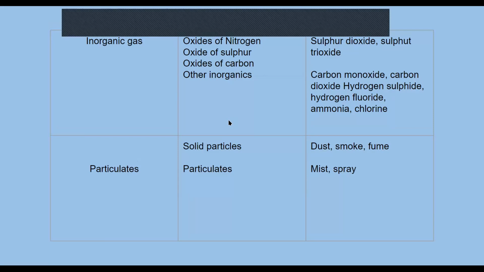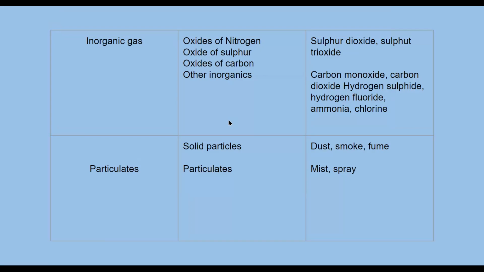Okay, then in particulates, particulates is nothing but solid particles or liquid particles, or in general gases also. Then solid particles or particulates include dust, smoke, fume, mist, or spray. Okay, these are the examples of particulates.